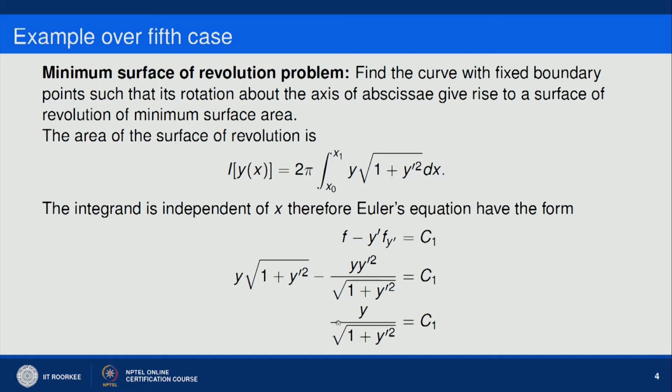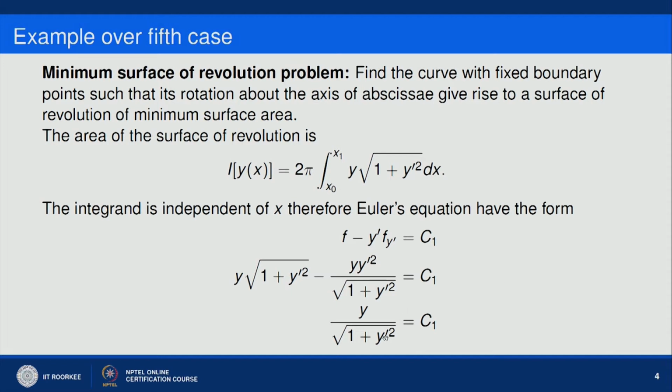So basically this is a kind of first order differential equation. We may further simplify by squaring it on both sides. We can solve this by squaring it and then finding a differential equation in terms of y', or we can evolve a simpler method by taking y' as, let us say, y' equal to sinh t.